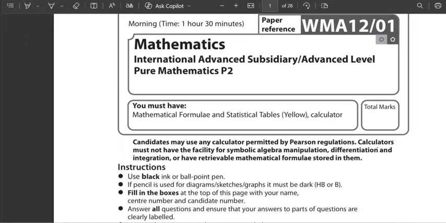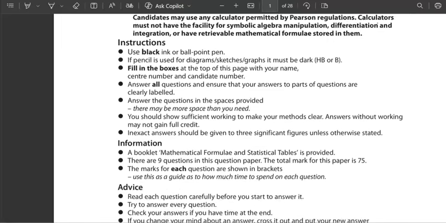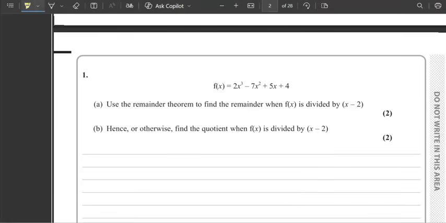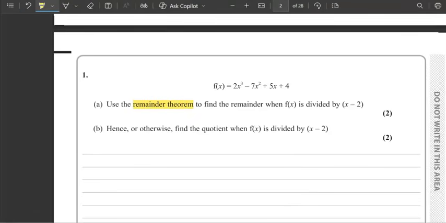Yes, question 1 is on the remainder and factor theorem. So if we start with 1a, you're given: use remainder theorem to find the remainder when f of x is divided by x minus 2.